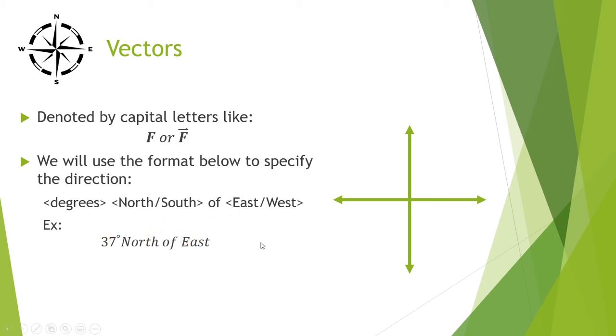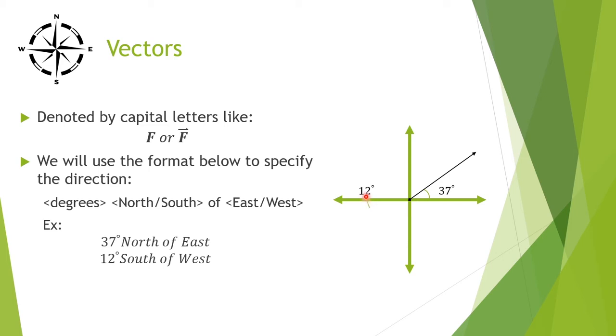That's a vector, and it is denoted on the graph like this. So 37 degrees north of east. This is east, and north is up, to the north of east. So that's a vector.